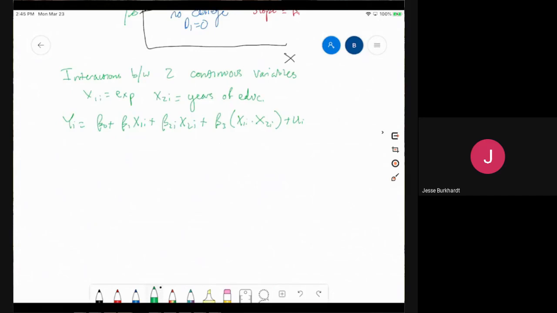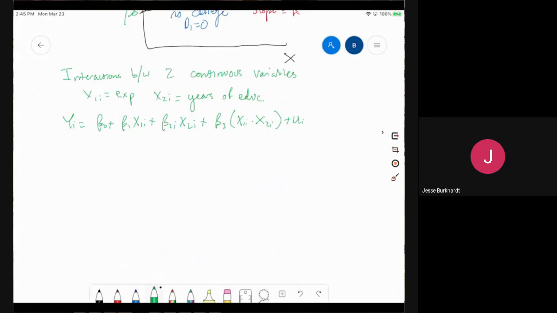Now, the effect of a change in education depends on the level of experience and vice versa. The effect of experience depends on the level of education. So suppose experience is measured in years and education is measured in years as well.